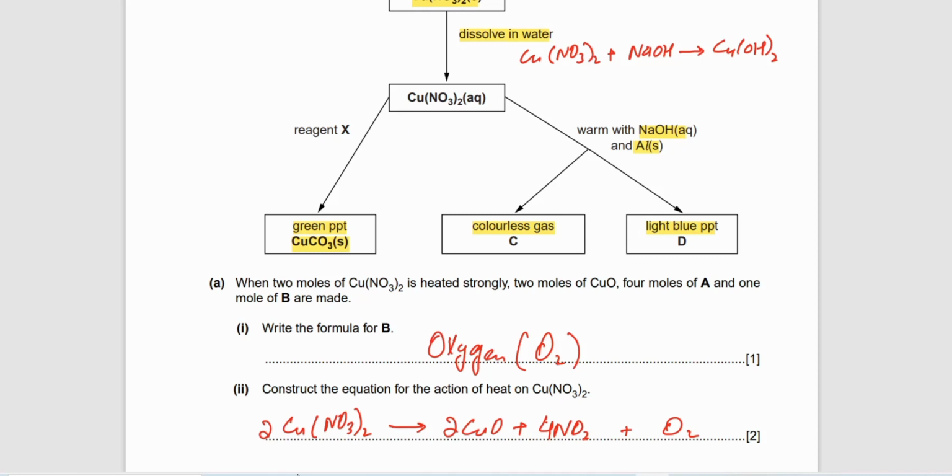No, not copper hydroxide. Actually, it will reduce to form, you know that ammonia gas is formed. You have studied the test for nitrate when sodium hydroxide is added with aluminum. So a colorless gas of ammonia will be formed, and a blue precipitate of copper hydroxide.